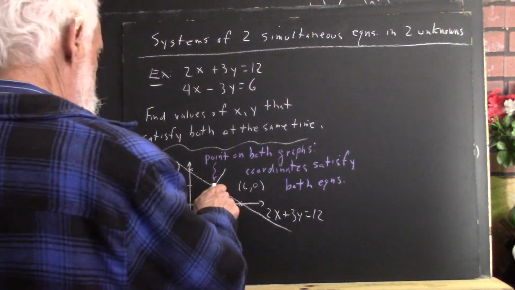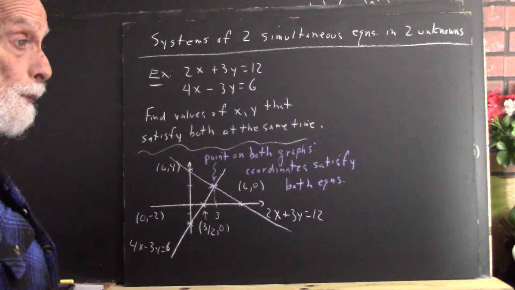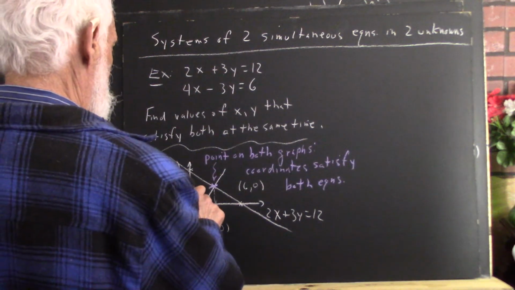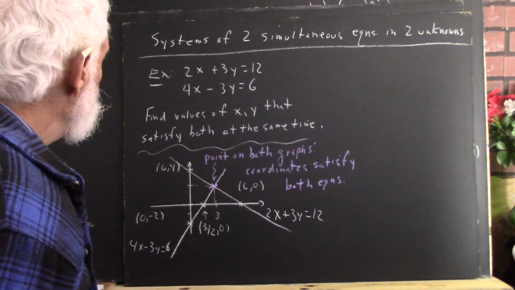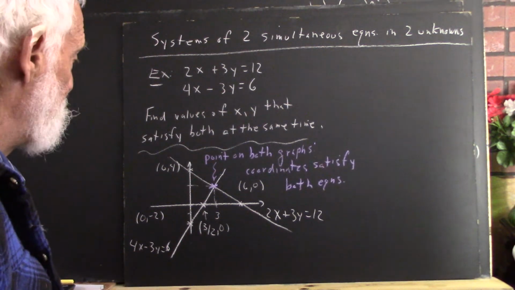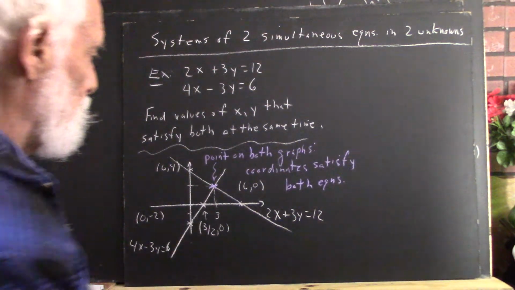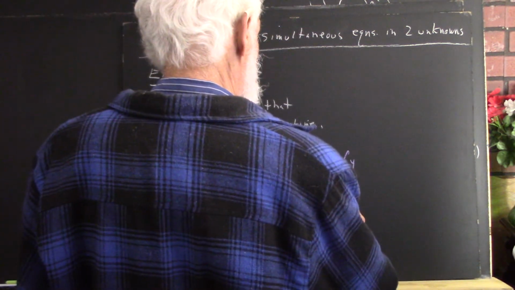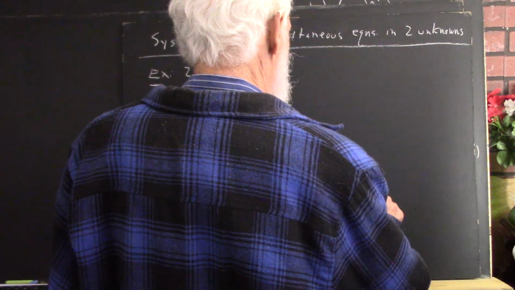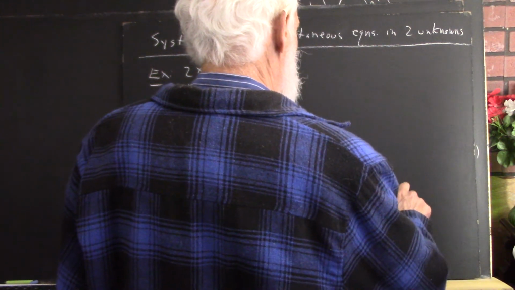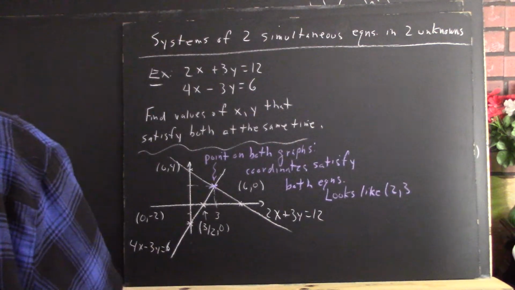Well, it looks like this point has an x coordinate very close to 3, and the y coordinate looks very close to 2. So this point looks like, and it's not (2, 3), it's (3, 2).